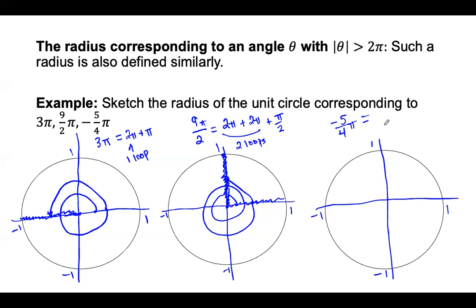You could write this out yourself. Because there's a negative, we're going in the clockwise direction instead of the counterclockwise direction. We start at the positive axis. So we go negative pi, and then we go another 1/4. So about here. So it would be around this axis.